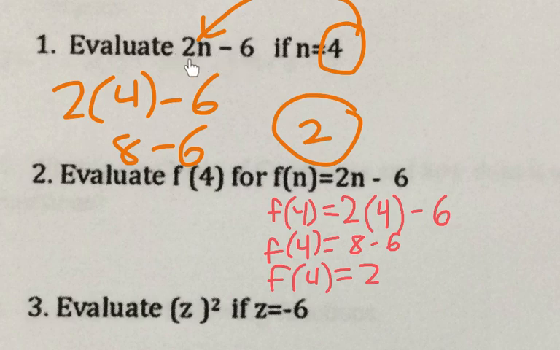Number 1, does anybody know what this is called? 2n minus 6? Equation. It's not an equation. It's the other one. It's an expression. So an expression is a math statement without an equal sign. Let's say it again.